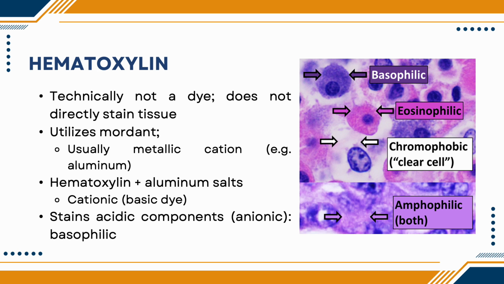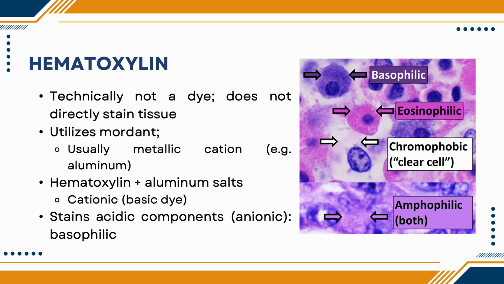And these tissue structures that are stained by cationic or basic dyes are what we refer to as basophilic. So what's an example? Look at the image here. As you can see in the nucleus, they're all darkly staining, mean to say they are stained by hematoxylin. Remember that hematoxylin is basic.